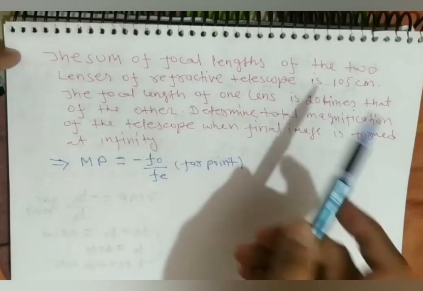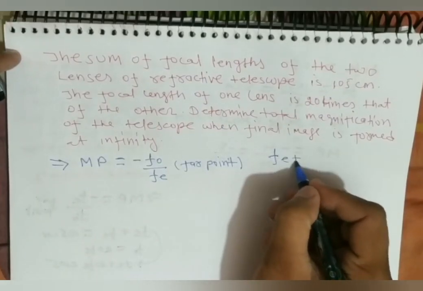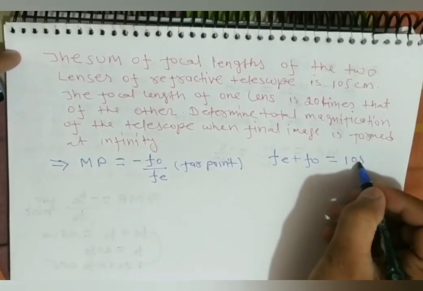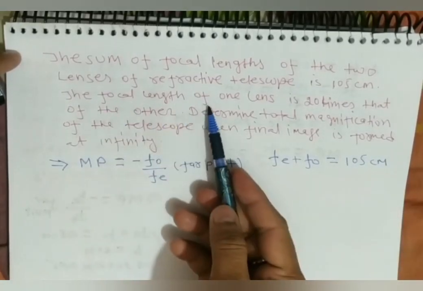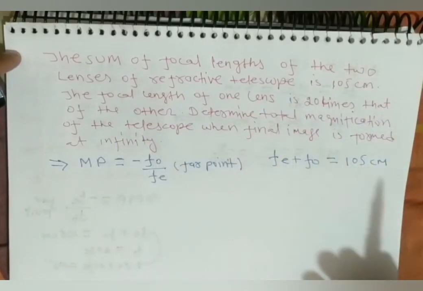To calculate f naught and FE, information has been given in the question. The sum of focal lengths, that is FE plus f naught, is 105 centimeter. The focal length of one lens is 20 times that of the other.